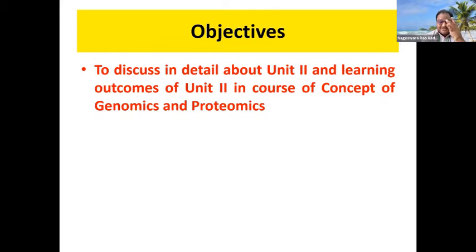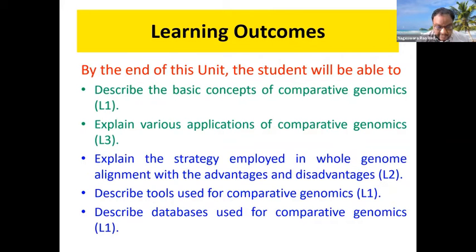So what is the objective? To discuss in detail unit 2 and the learning outcomes of unit 2 in the course concept of genomics and proteomics. What do we learn from this unit? The first one is the concept of comparative genomics.